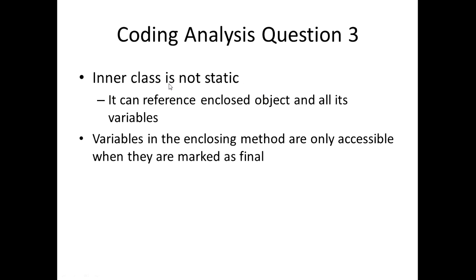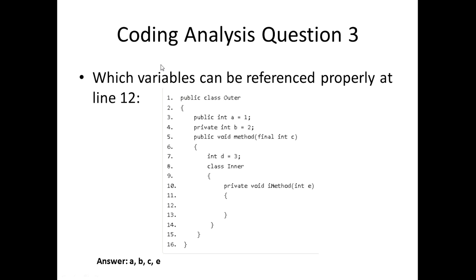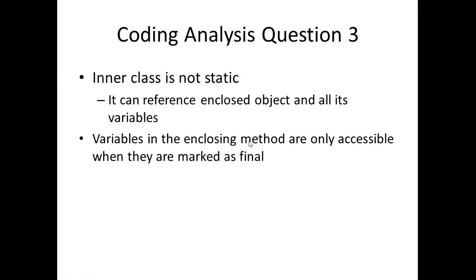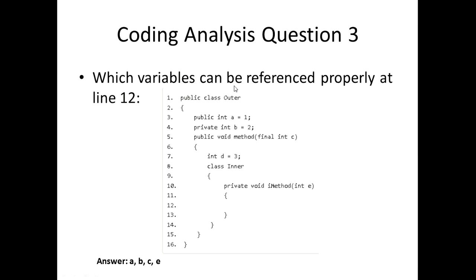Inner class, if the inner class is not static, it can reference enclosed objects and all its variables. So we notice that this inner class is not static, as you can see here. So it can reference enclosed objects and all its variables.